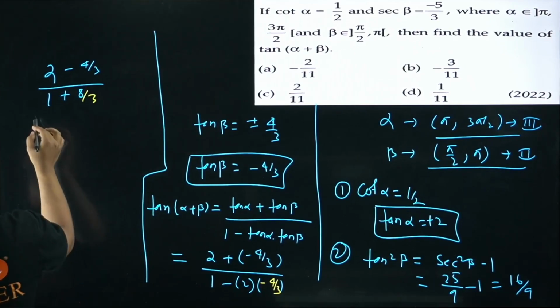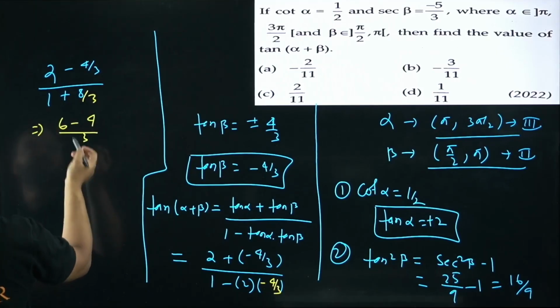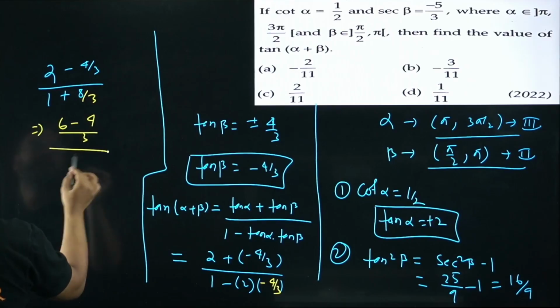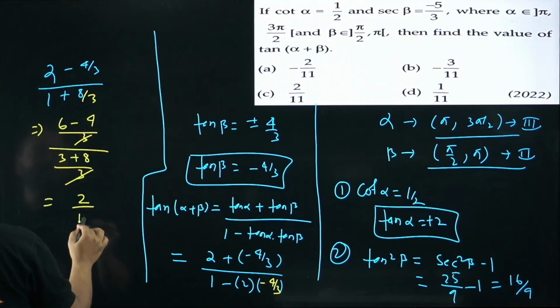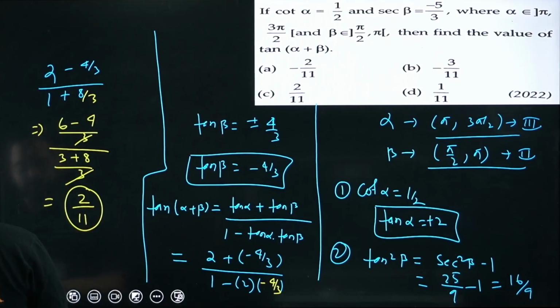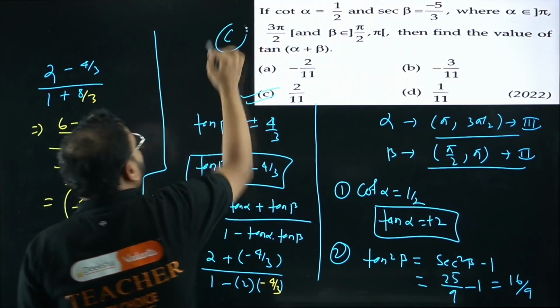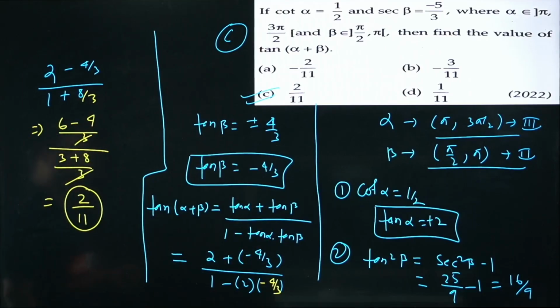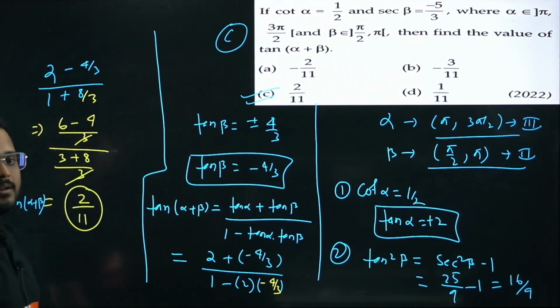Please check, the value will become, LCM is 3, 3 into 2 will become 6, minus 4 by 3, upon 1 plus 8 by 3, 3 is cancelled, this value will become 2 and 3 plus 8 is 11, answer will be 2 by 11. Option is C. Simplification, right? This is your tan of alpha plus beta.